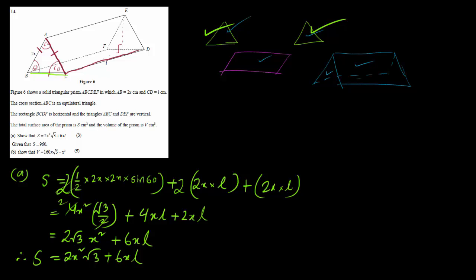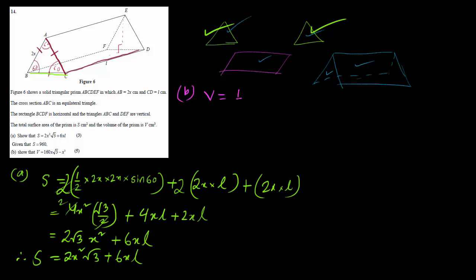Now in question B, we have to find the expression for volume if the surface area is 690. Let's start with the volume first. So volume is area of cross section into length. Area of cross section means if you take a knife and keep cutting it like a bread, all the faces should look the same. So the area of cross section is going to be the triangle.